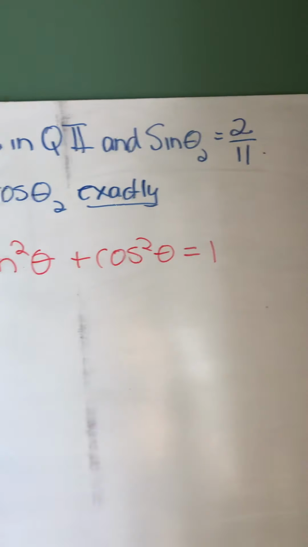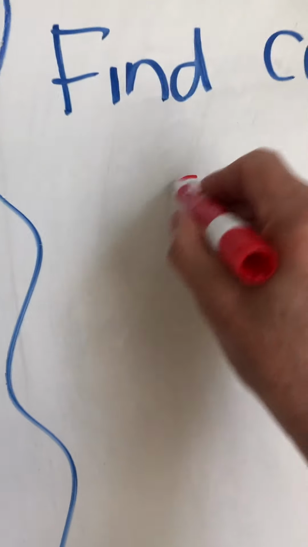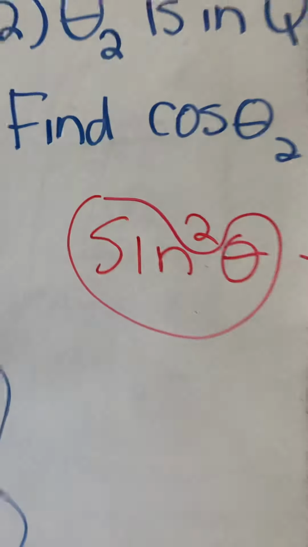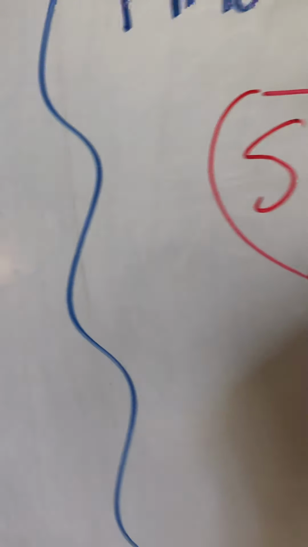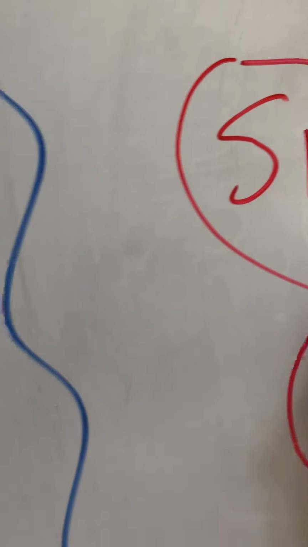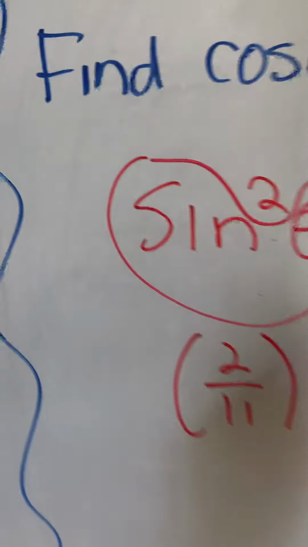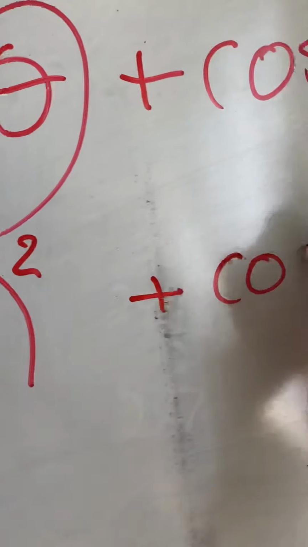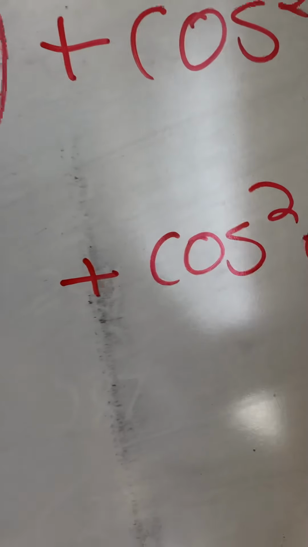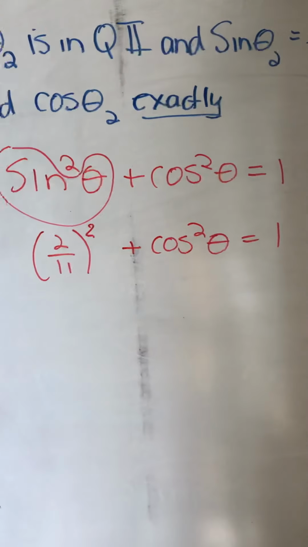They told us that sine is 2 11ths. So right there in that circle, kind of, I'm going to put 2 11ths. There we go. Let's not forget the squared. Okay? Plus cosine squared equals 1. There we go.